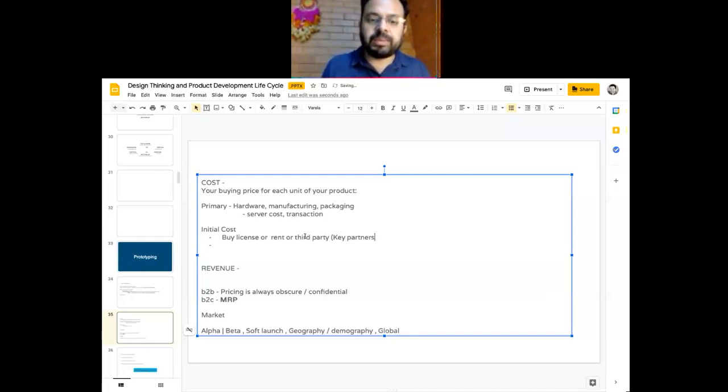If you've done the BMC, you know why key partners become very important. That initial cost, in technical terms, we call CapEx, capital expenditure. You need to invest in, for example, machinery for manufacturing.